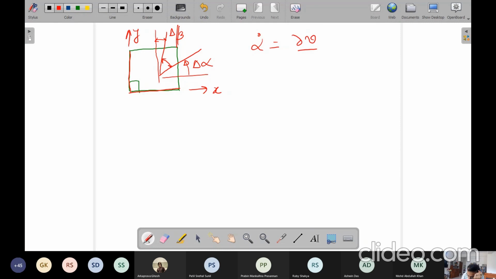This is partial derivative of v with respect to x, and beta dot is partial derivative of u with respect to y. So this much, so far as I remember, we did last time.